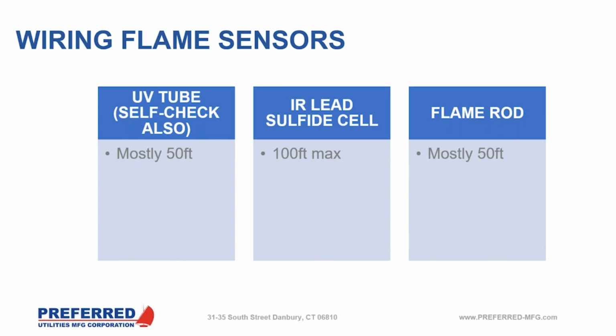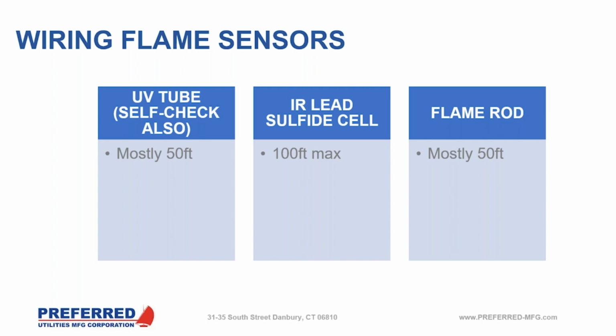You want to keep that separated as far as possible, because in an ignition transformer, when you're providing that to the pilot assembly, that's a very high voltage, and we want to make sure that we're not coupling that high voltage spark signal, if you will, to that flame scanner lead. So keeping those separated as much as possible is very valuable.